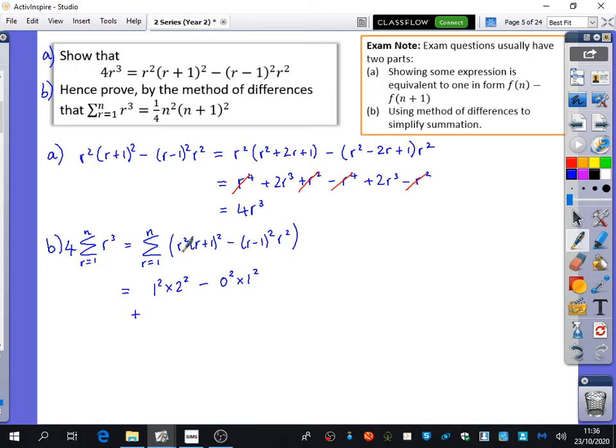So I would have 2 squared times 3 squared, and I would subtract 1 squared times 2 squared. And then for the next one, I'm going to substitute in 3. So that's 3 squared times 4 squared minus 2 squared times 3 squared, like this.